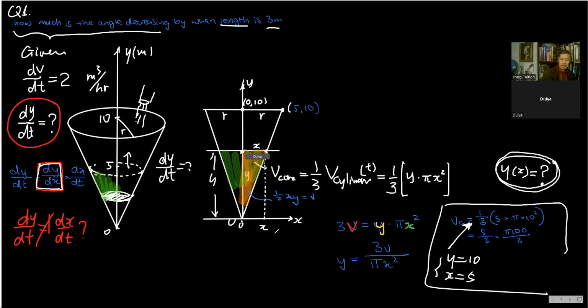Because this is a triangle. Yes, it's a triangle. Equal to what is V? Are you sure it equals the volume? This triangle is an area, not a volume. Oh, then it's the area.